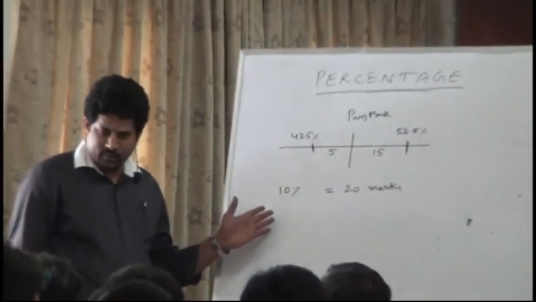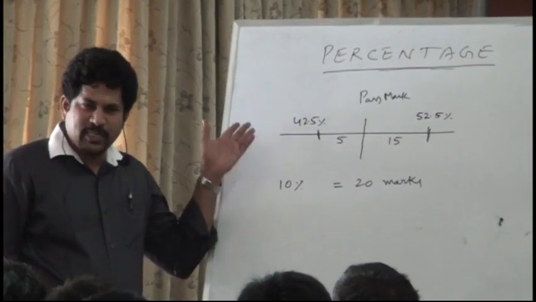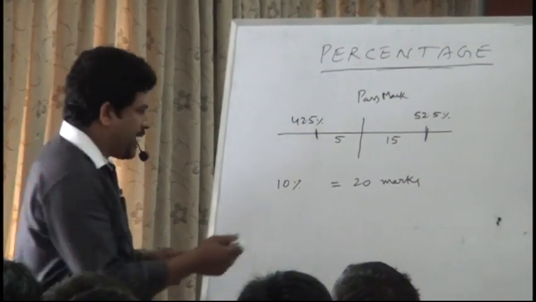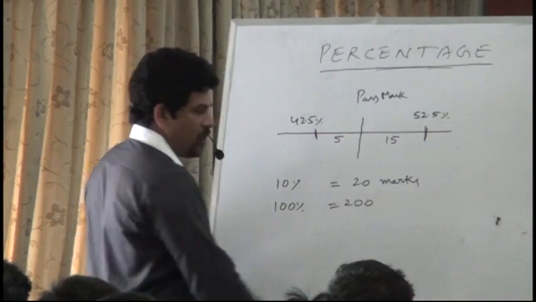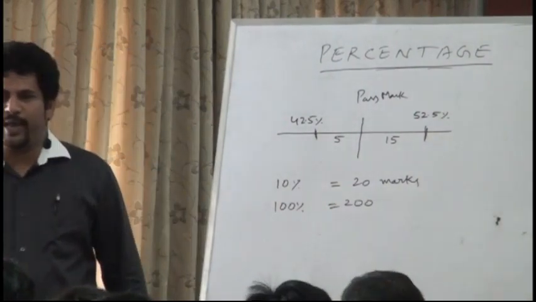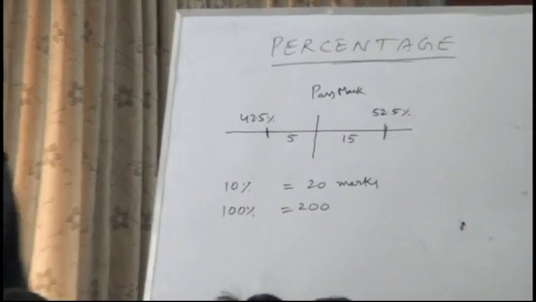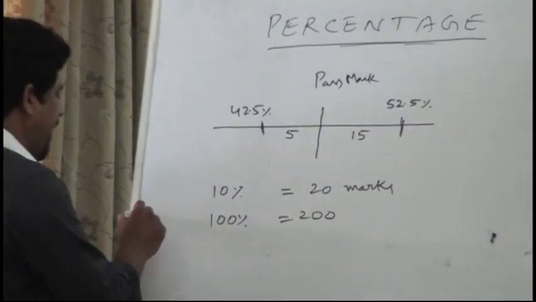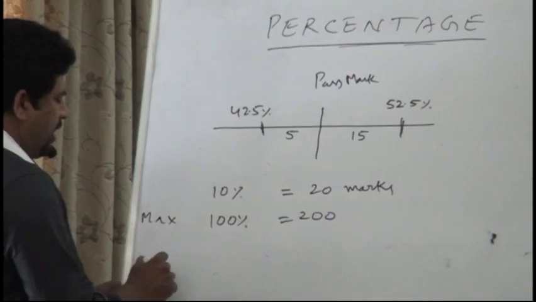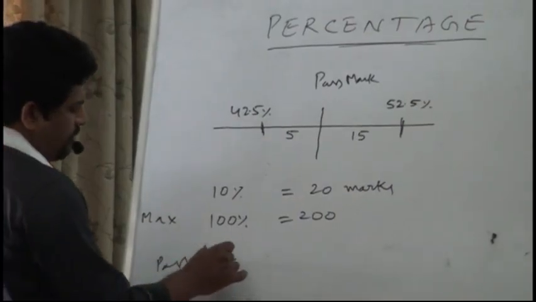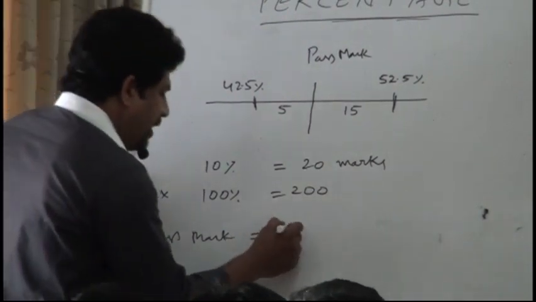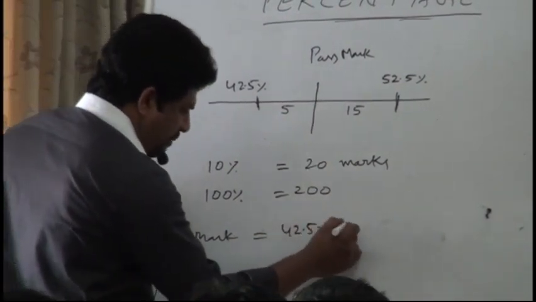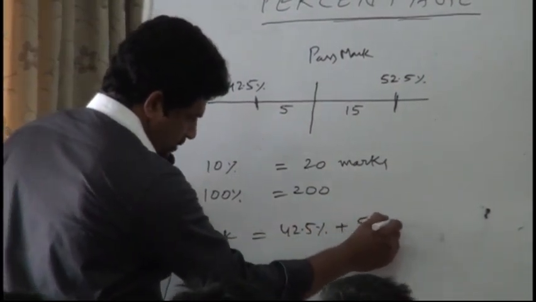Here, there are different types of questions that can be asked. One is the maximum mark in the exam. What is the maximum mark? 100%. 100% is 200. This question can be asked. What is the maximum mark in the exam? Or the pass mark in the exam. Pass mark means 42.5% plus 5 marks.